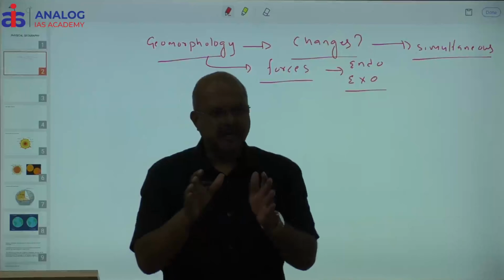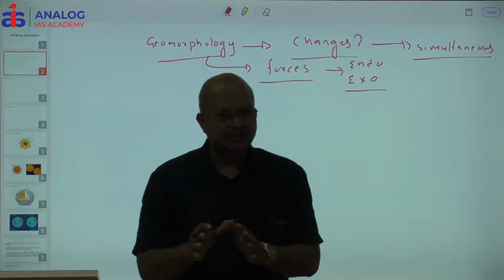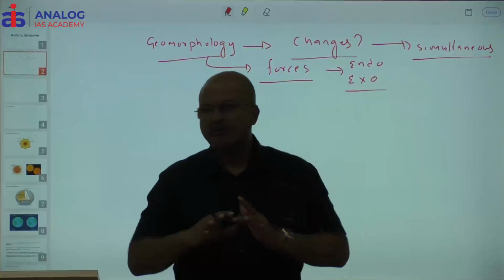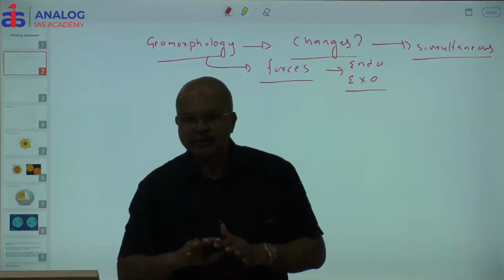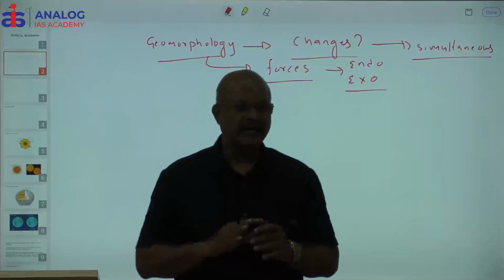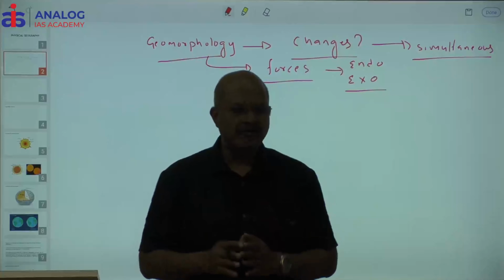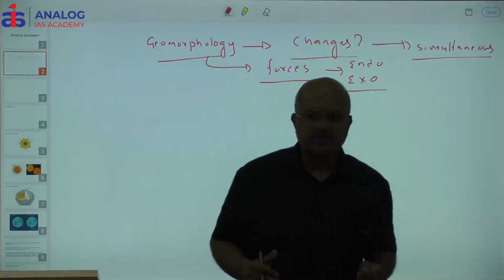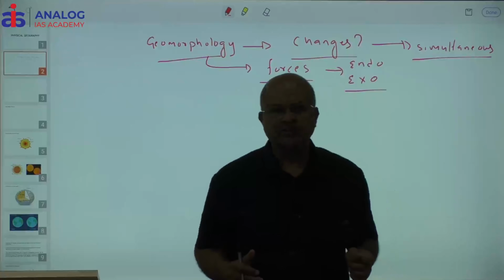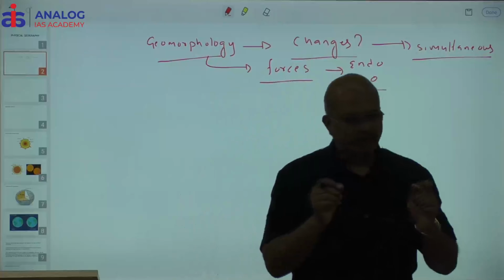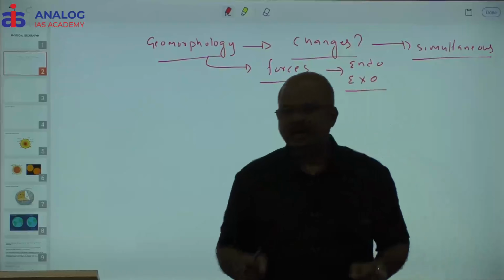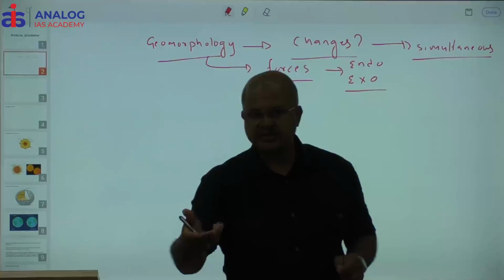Changing the landforms on the surface. Mountain is a land, valley is a land, plateau is a land, desert is a land, hills are land. All relief, which are having particular shape, size, and they also have their evolution.